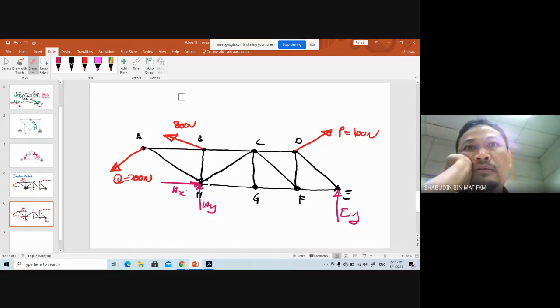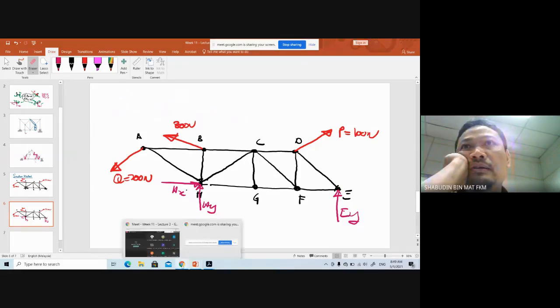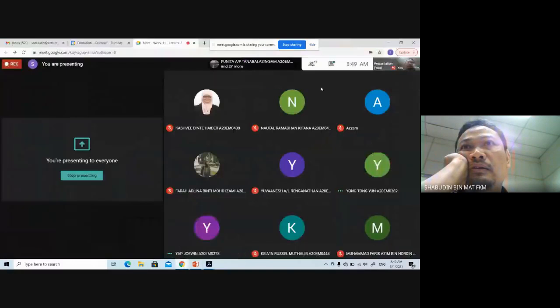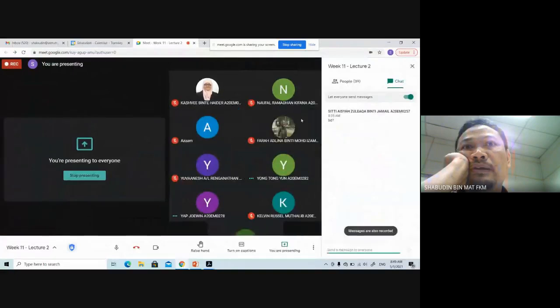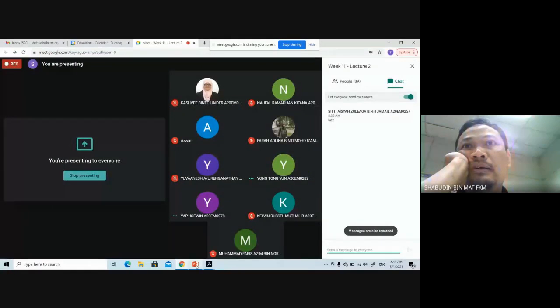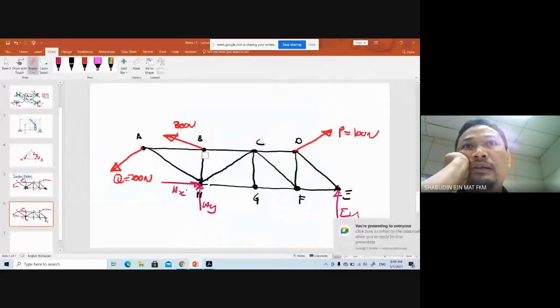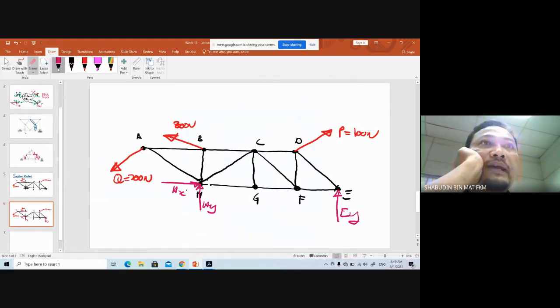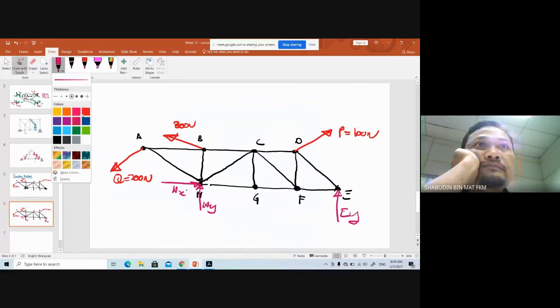Or are you talking to chat? BD, Siti Aisyah. It's not BD. Which one doesn't carry any force? It's GC, it doesn't carry any force.